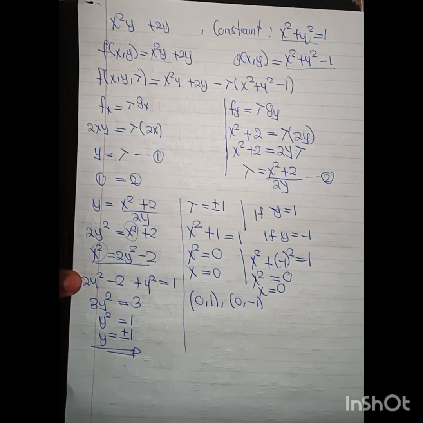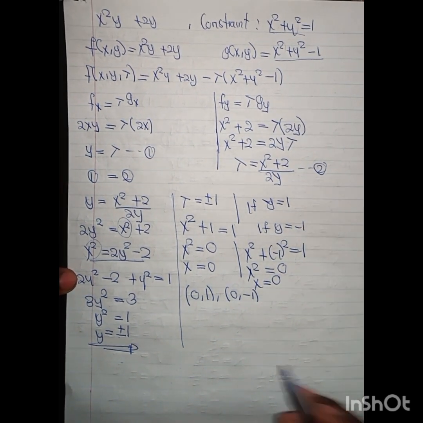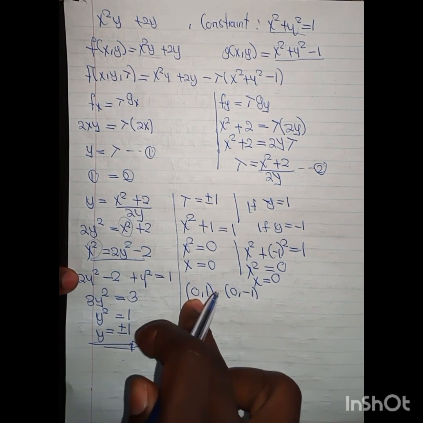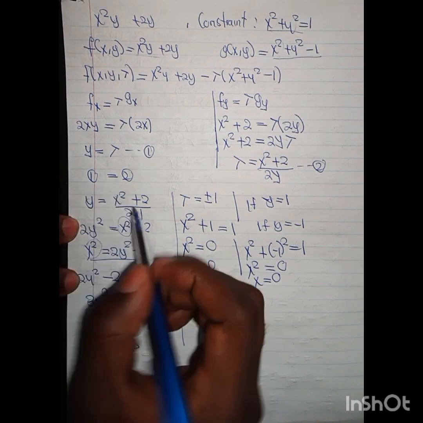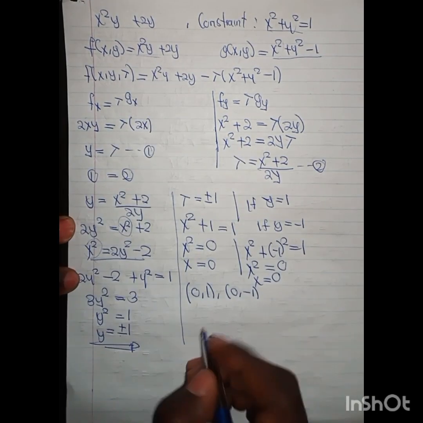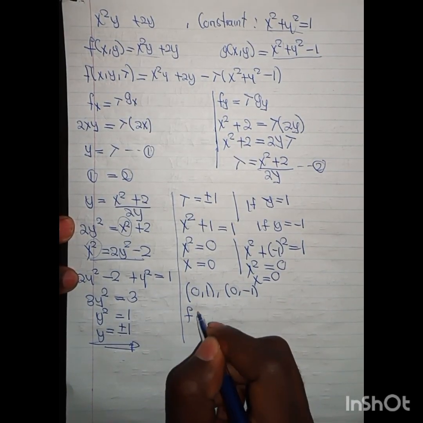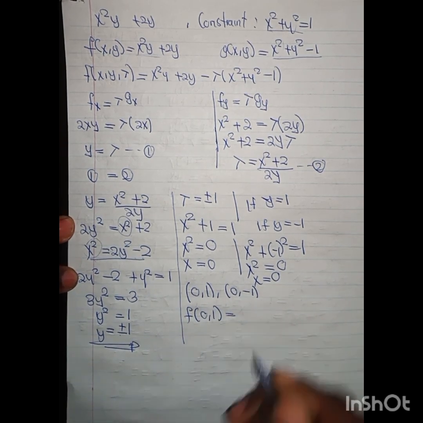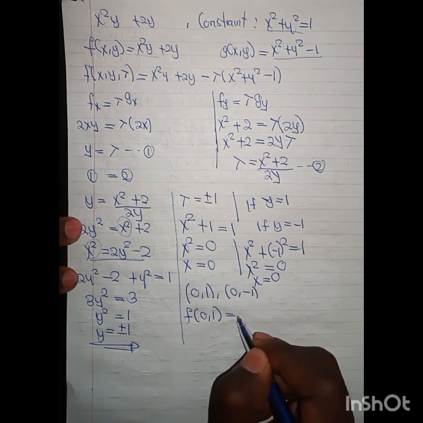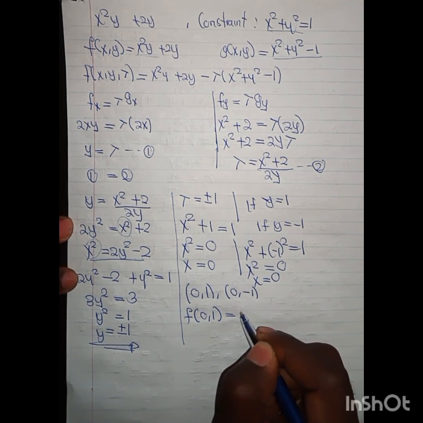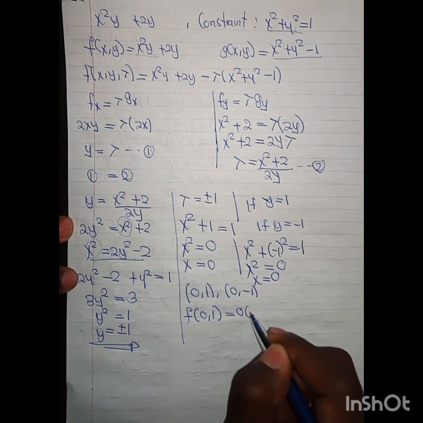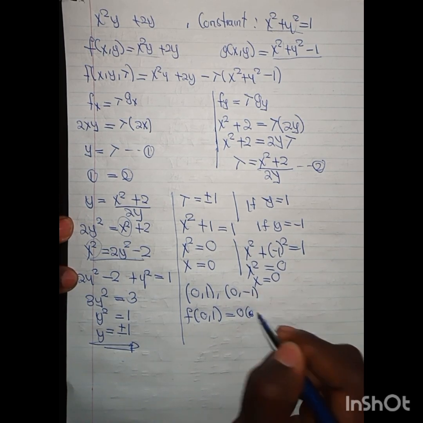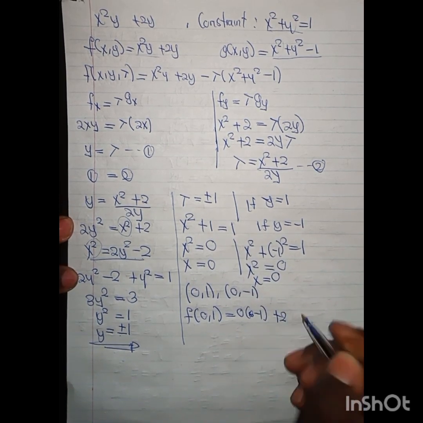And then now we want to determine whether this point is a maximum or a minimum. I'm going to substitute these points into the original function f of x, this one. When x is 0 and y is 1, I will have x, and I've said that x is 0, so this is 0 multiplied by y, plus 2 times y.